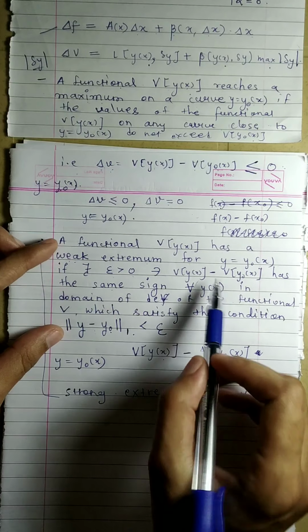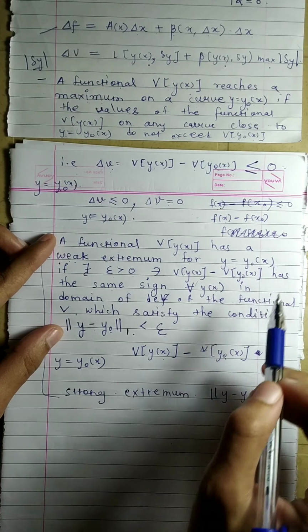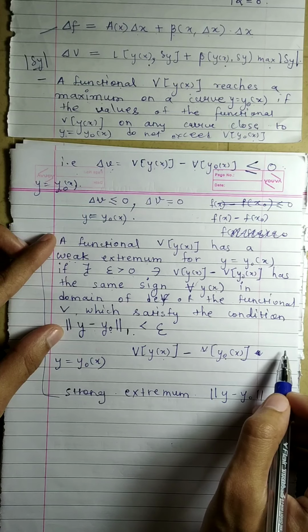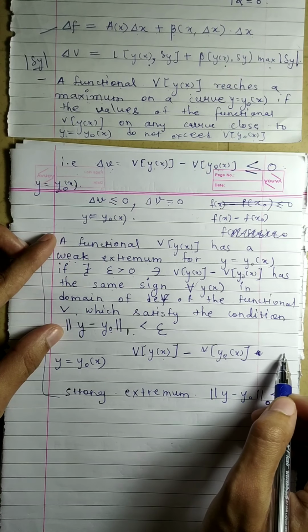If this quantity has the same sign, it means either it will be less than or equal to 0, or greater than or equal to 0.